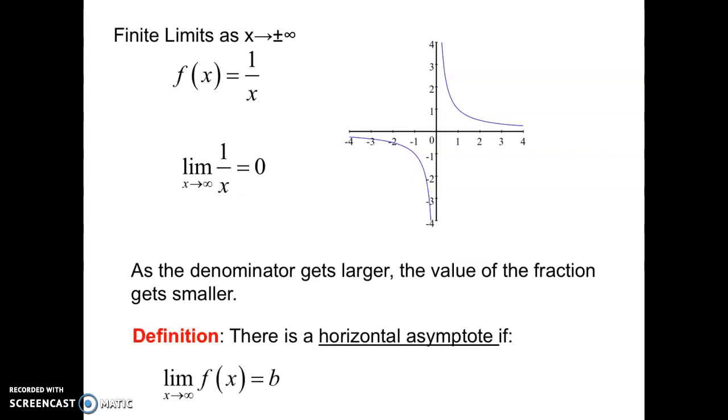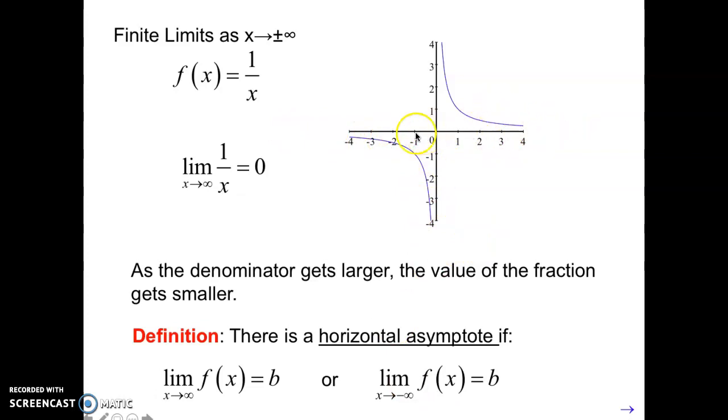This is actually what we call the definition of a horizontal asymptote. We say a horizontal asymptote exists if the limit as x approaches positive infinity equals some number b, or the limit as x approaches negative infinity is equal to some number b. Now, in this case, the target value is the same for both the left and right tails.